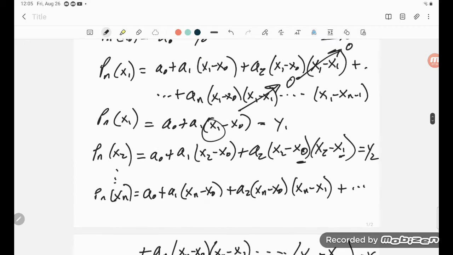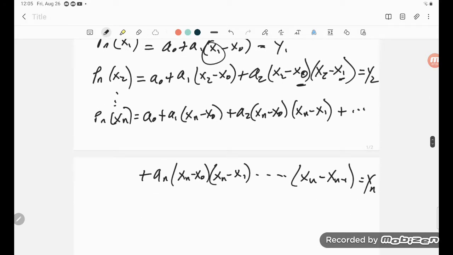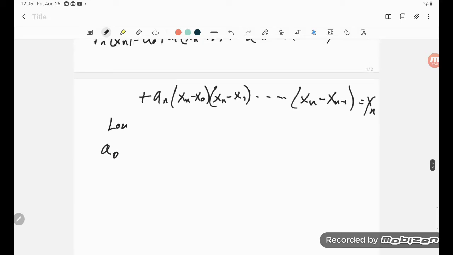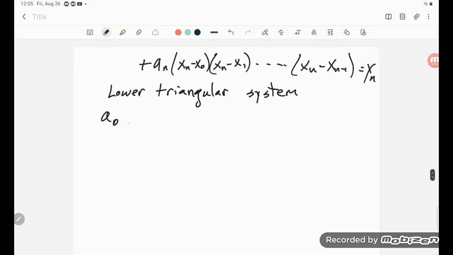So now, if you write these in a little bit simpler form, what we end up with are n plus 1 equations and n unknowns, but they're really nice equations. They're a lower triangular system, and so we'll get a0, and now I'm going to put the y0 way over here.